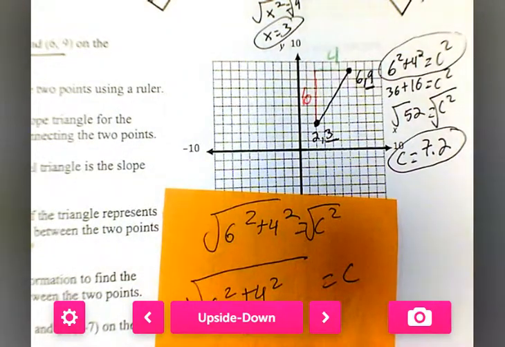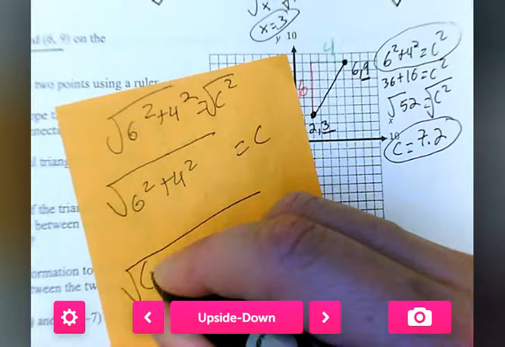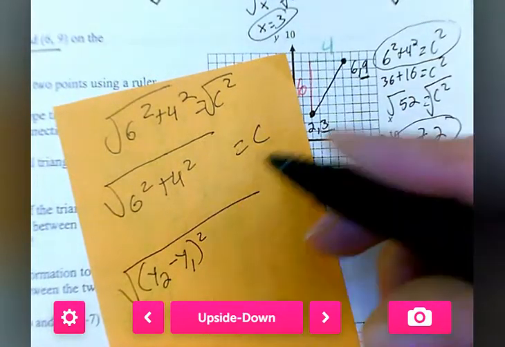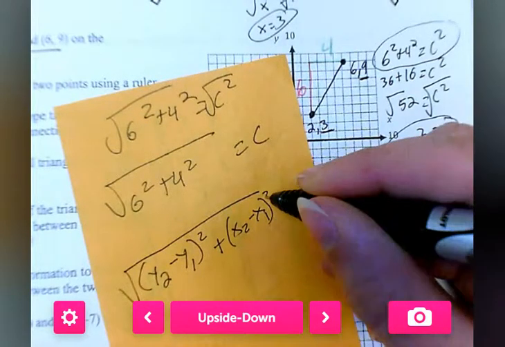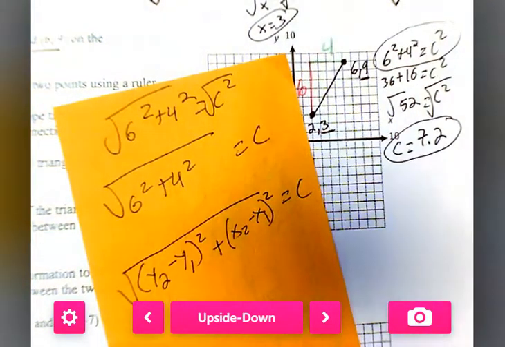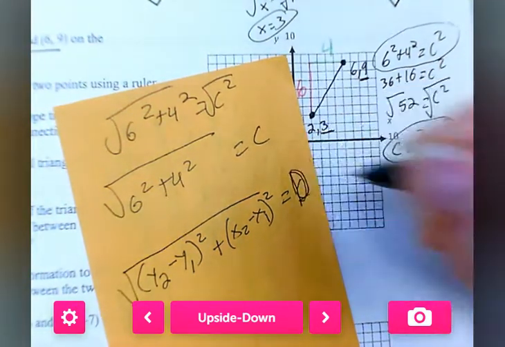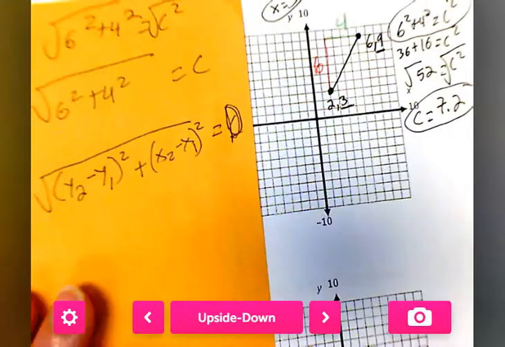I subtract. So my formula is going to end up being y2 minus y1 squared plus x2 minus x1 squared equals C. Or we often say d because we call it d for distance formula. Does that make sense?